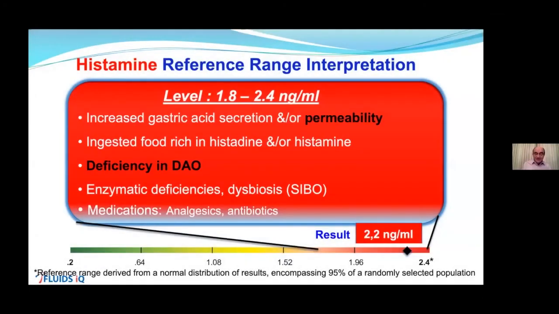That is quite different from when you get very high levels of histamine, where you're getting increased gastric acid secretion or even permeability changes. Quite often it's due to food that's been ingested, as I said earlier, that is very high in histidine, which is going to create histamine.